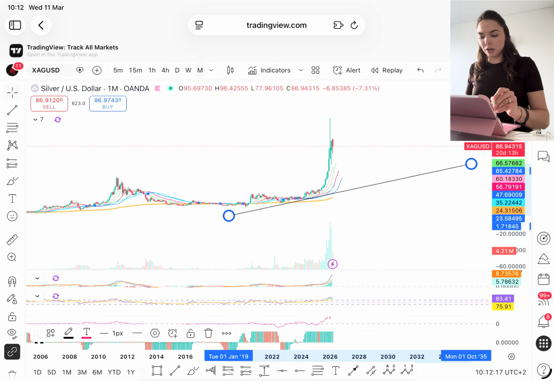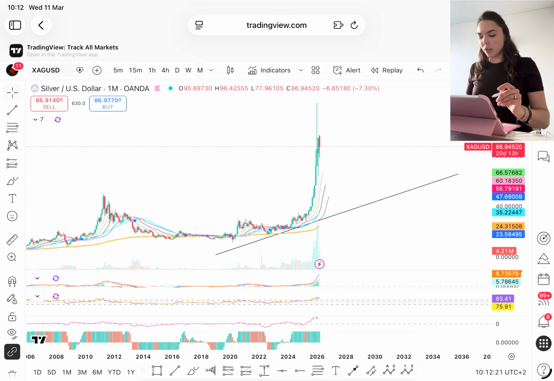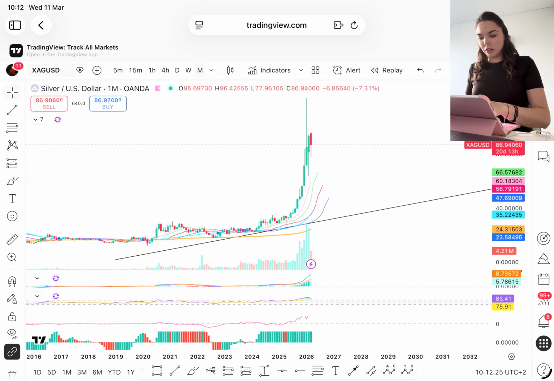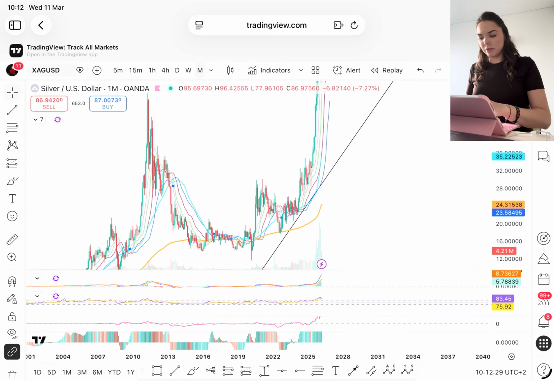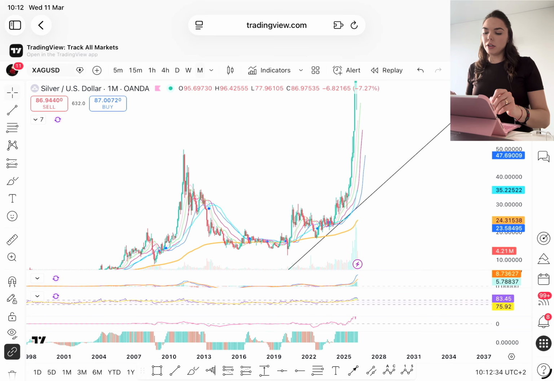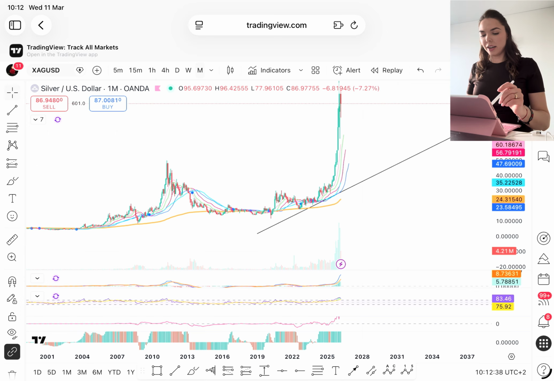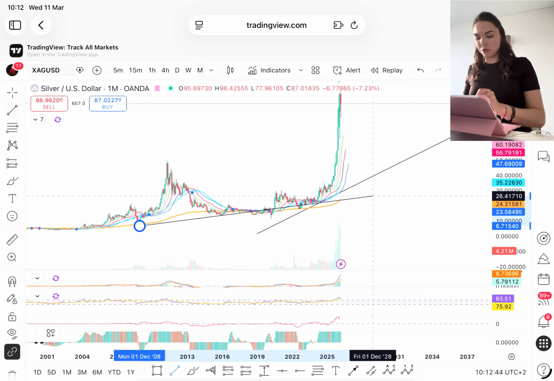Right now in silver we have a long trade. So what else do we have here? Usually I do technical analysis, so I still need to learn how to include fundamental analysis in my work, but I think it would be helpful.